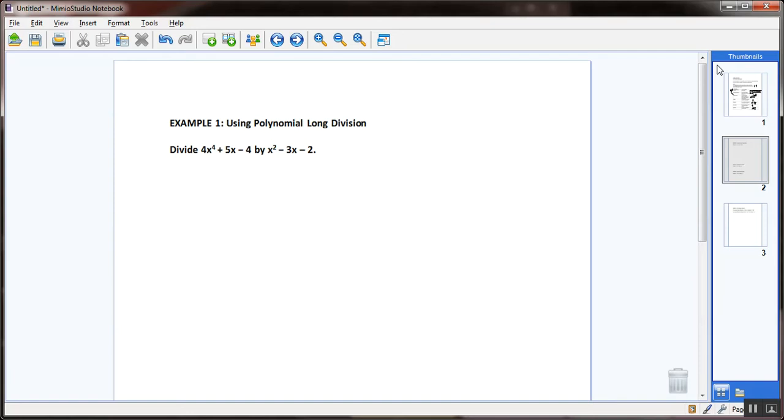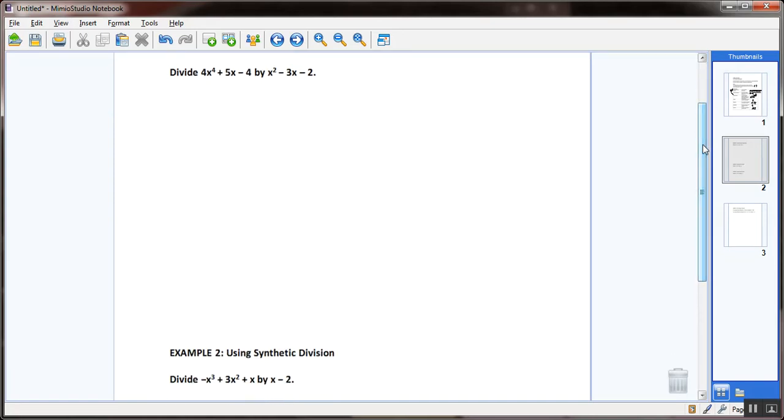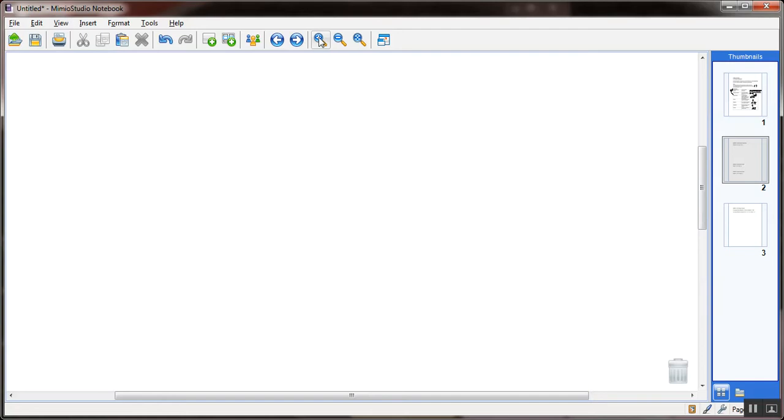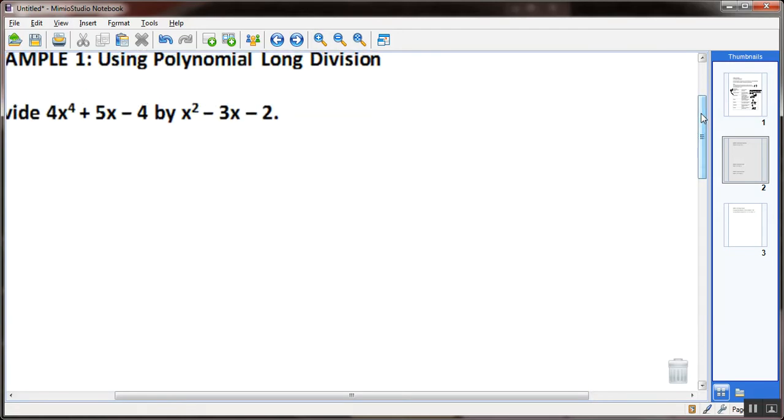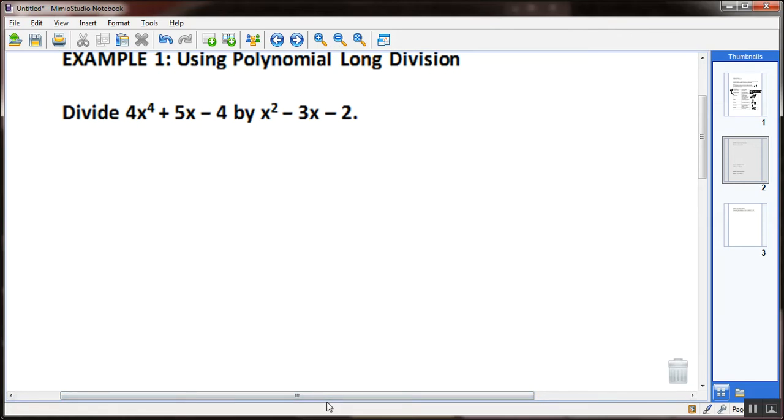It says using polynomial long division. What are we going to divide here, kids? It says to divide 4x to the fourth plus 5x minus 4 by what? Okay, here's the deal. Anytime you do this, there are two things I want you to do.